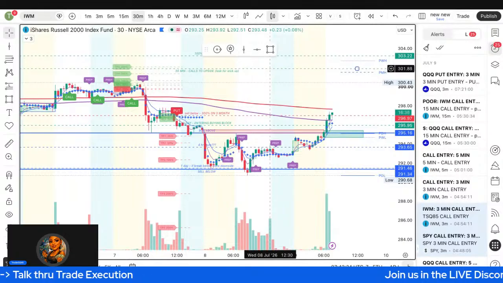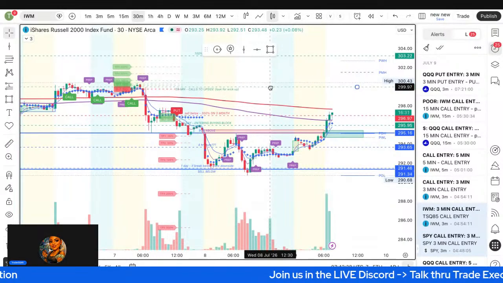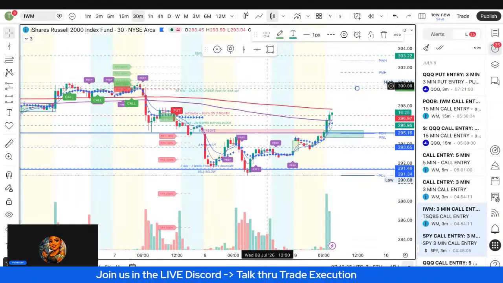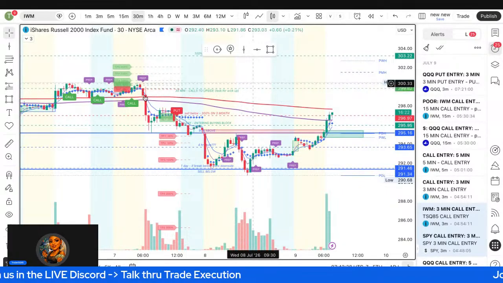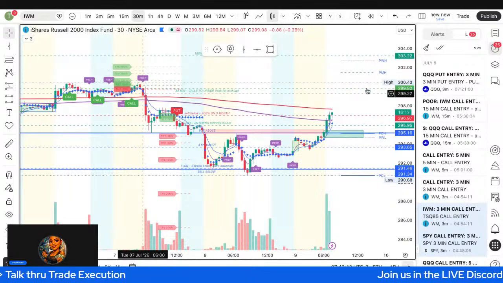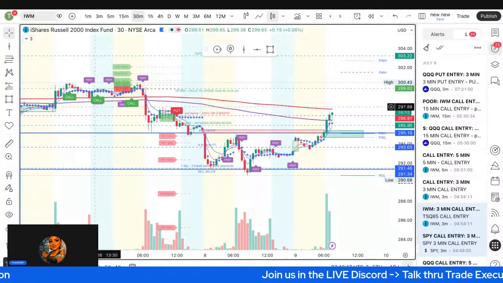I think it might have been blocked here, but if you break above this, then you never satisfy that 30-minute calls that were here. People were feeling bullish here. The setup was here. And so if you break above here, then it's like a 10-day.